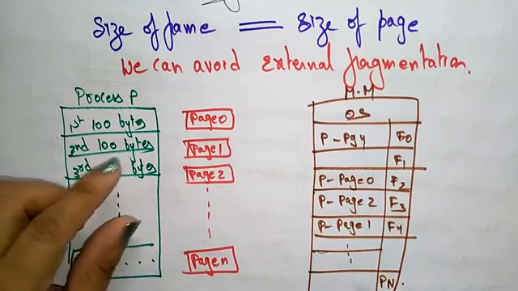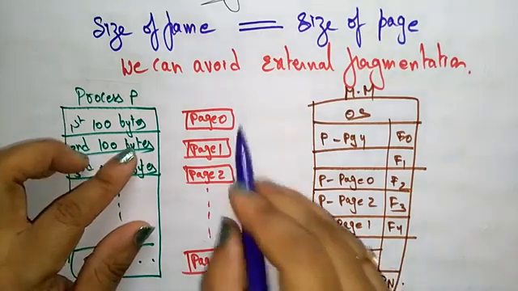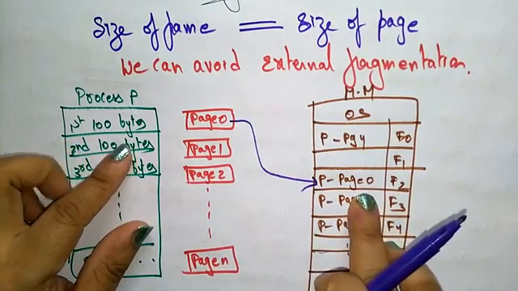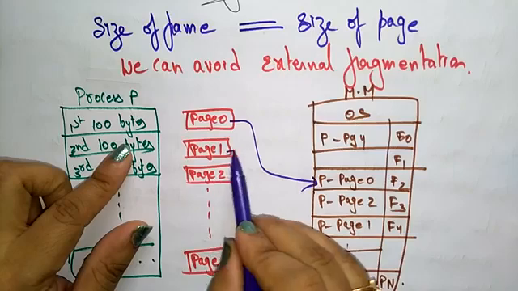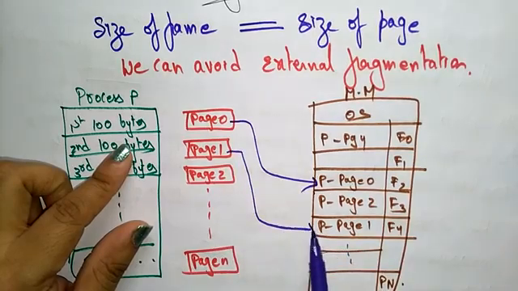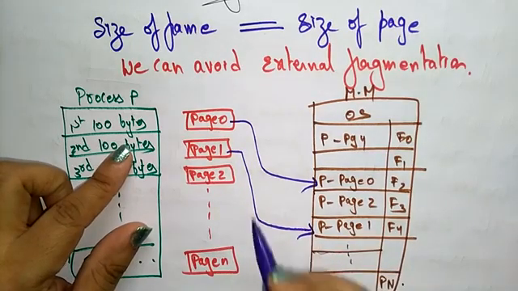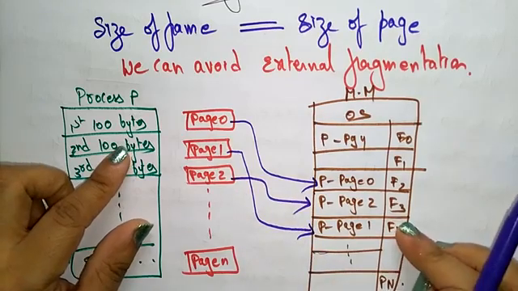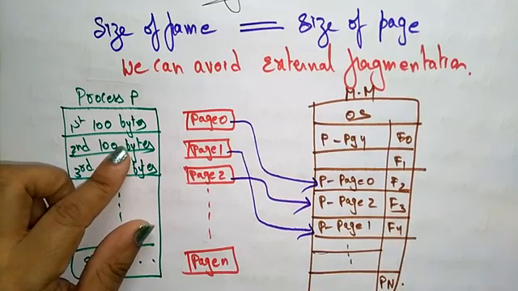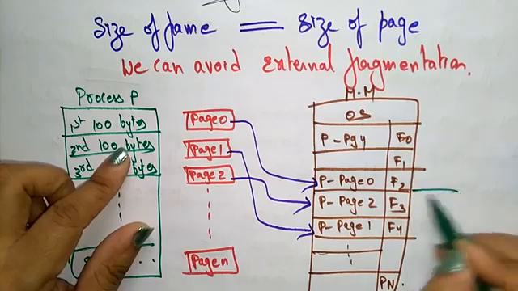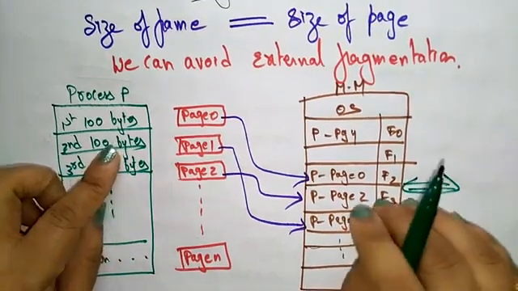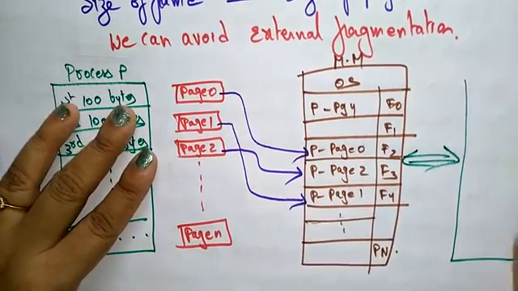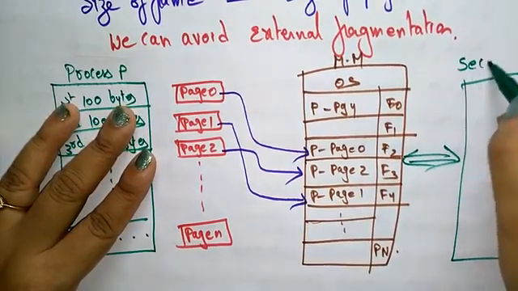Now page 0 is stored in frame 2, page 1 is stored in frame 4, and page 2 is stored in frame 3. After that, whenever the operation is over, if you want to make the main memory free, you can swap the data into secondary memory.